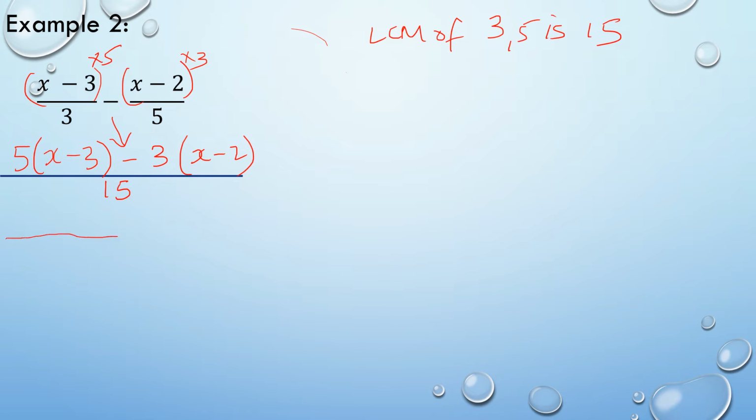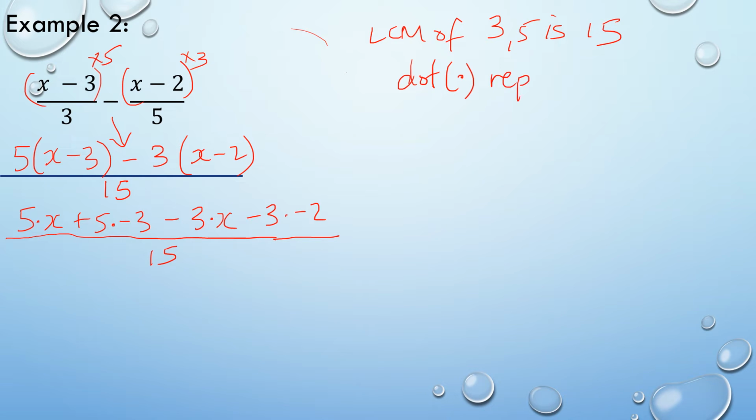We're recognizing that we're multiplying 5 by x plus 5 by a negative 3, minus 3 by x, and we also have a minus 3 by a minus 2, over 15. Next line, we're using a dot to represent multiplication, right?